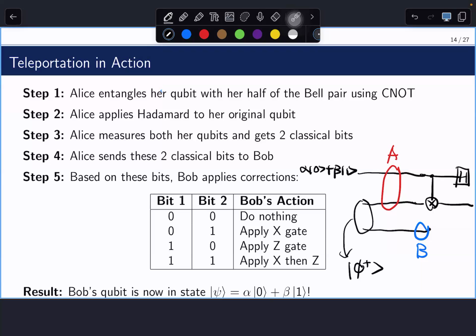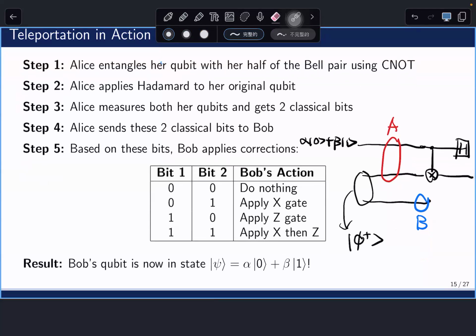You can just imagine it as some kind of controlled NOT, controlled Z gate. But as Bob may be very far away from Alice, we cannot just extend the control connection in the circuit to somewhere far away. This is usually done in classical communication channels. So that's the limitation of the speed. We need to send these two measurement results to Bob via the classical communication channel.